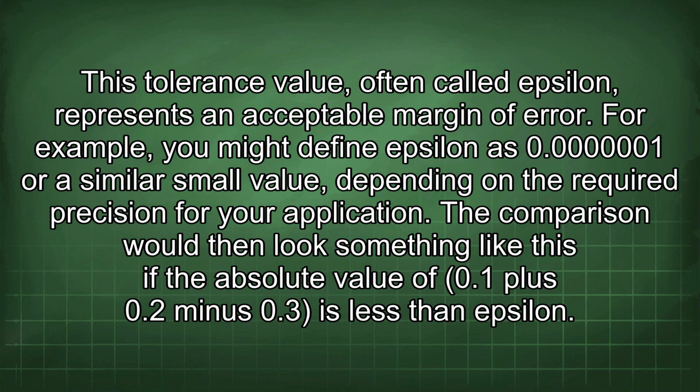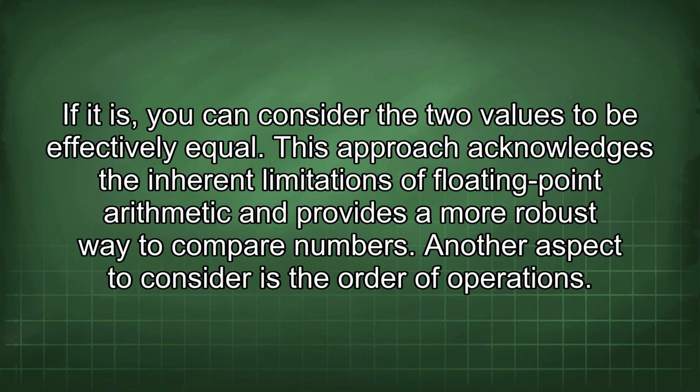The comparison would then look something like this: if the absolute value of 0.1 plus 0.2 minus 0.3 is less than epsilon. If it is, you can consider the two values to be effectively equal. This approach acknowledges the inherent limitations of floating point arithmetic and provides a more robust way to compare numbers.